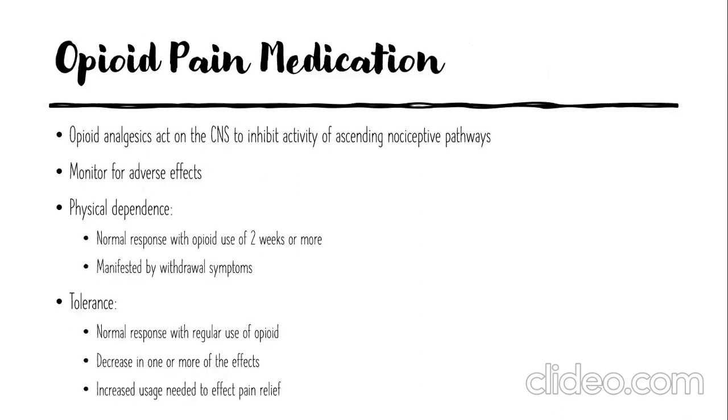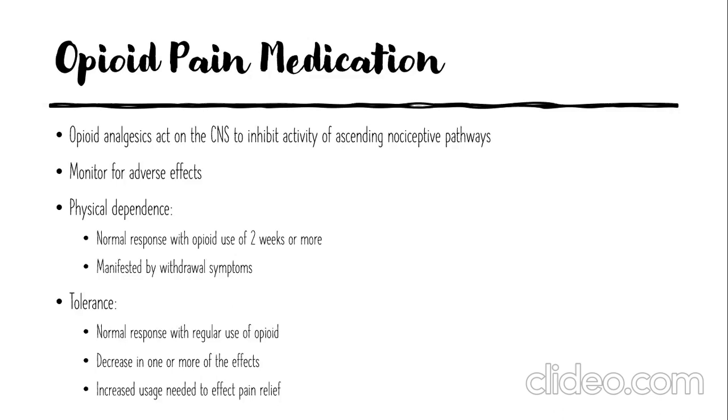Now to the opioids. Opioids work by acting on the central nervous system to basically stop the activity of nociceptive pathways. So with opioids, you really want to monitor for adverse effects. You guys took pharm. What's the main thing you want?